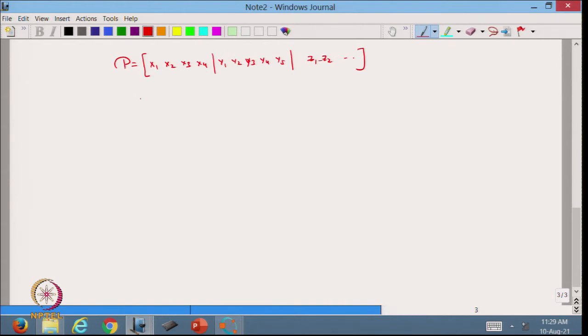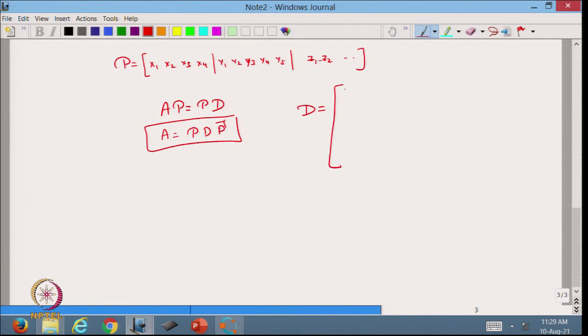So, I can define its inverse P inverse, and from there AP will be equal to PD, that is A equals P D P inverse, where D is my diagonal matrix, which has the eigenvalues on the diagonal: lambda 1 four times, then lambda 2 and so on, and all other elements are 0.